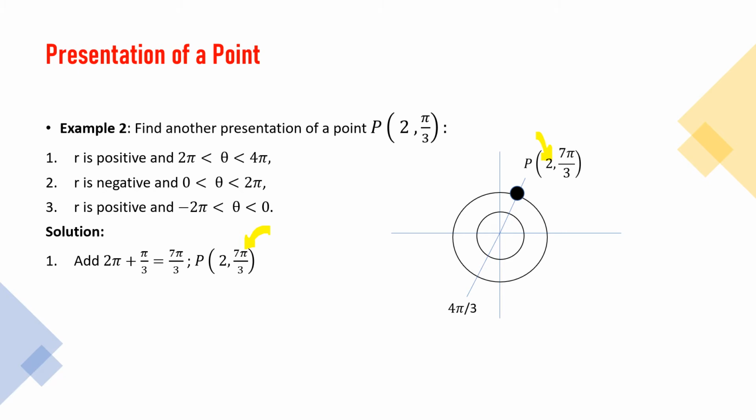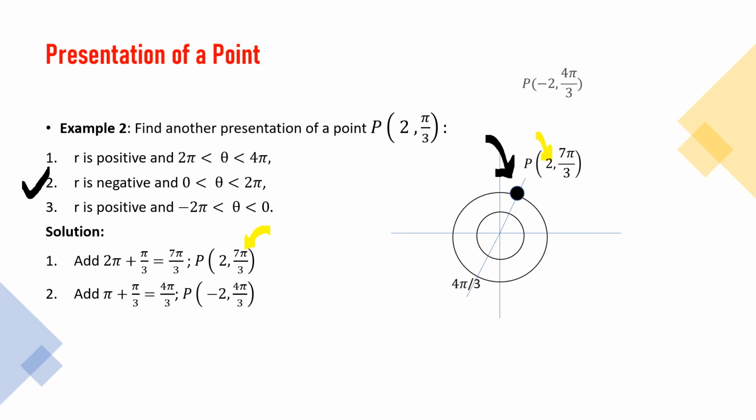Now, if we want r to be negative and theta between 0 and 2 pi, we can add pi to pi over 3. Therefore, the new point is still going to have the same position, but the naming is different, because we're adding pi to pi over 3. So the new angle is 4 pi over 3.